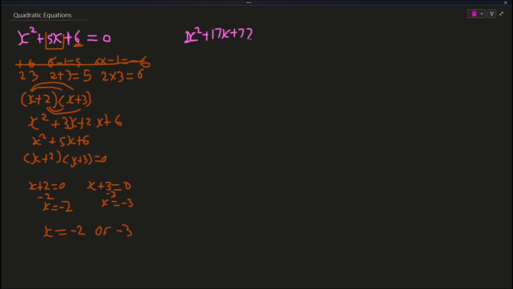So this is a bit trickier. The numbers are a bit bigger. While the process is the same, we can see if we can do this by simpler methods before you try something like completing the square or quadratic formula.